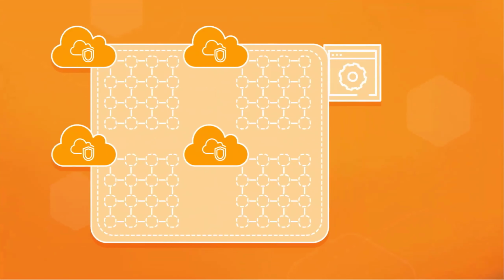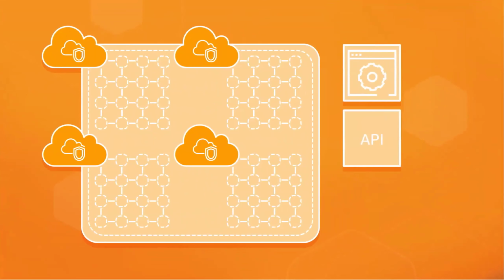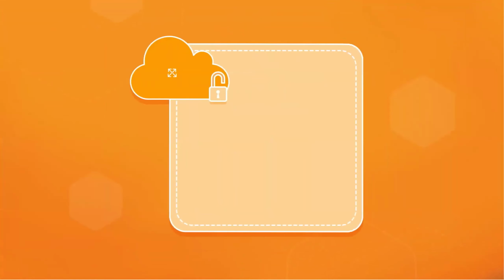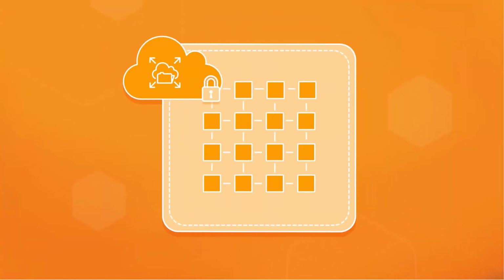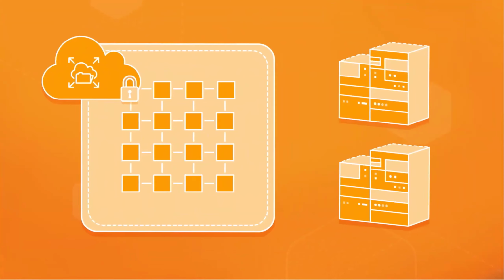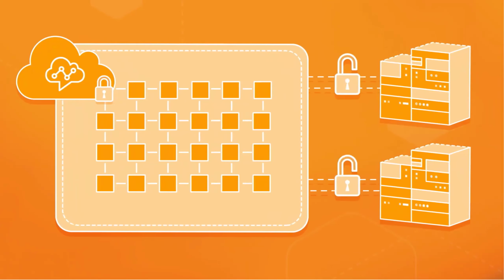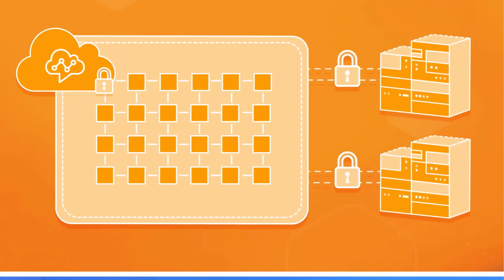Simply use the AWS Management Console, API, or command line interface to create a file system and make it available to one or more Amazon VPCs. Your EC2 instances can securely then mount your file system to store and access data. You can also mount on-premises servers to EFS using AWS Direct Connect or AWS VPN, making it easy to migrate data to EFS, enable cloud bursting, or back up your on-premises data to EFS.